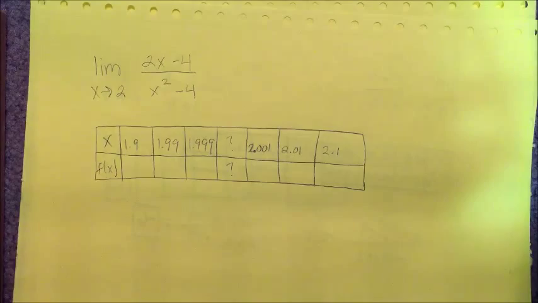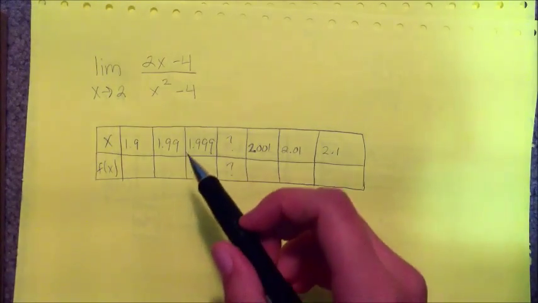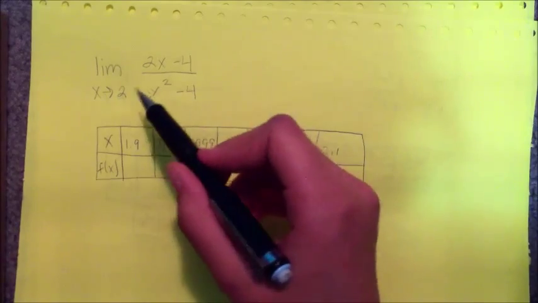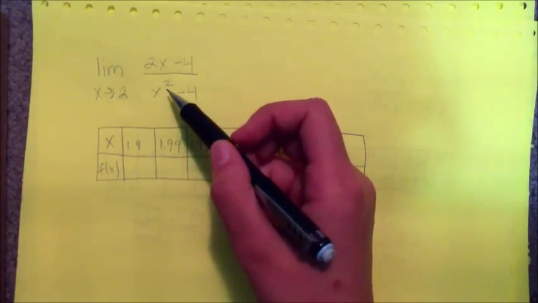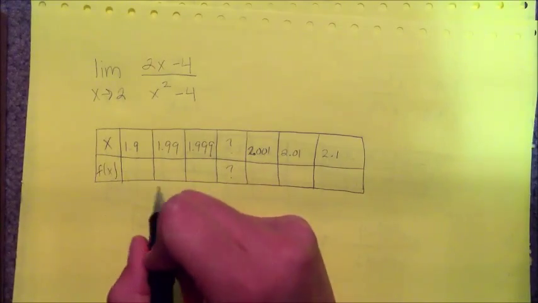For our next example, we can also try to use direct substitution, but again, plugging in 2 for x will just give us 0 over 0, so we need to make another table.